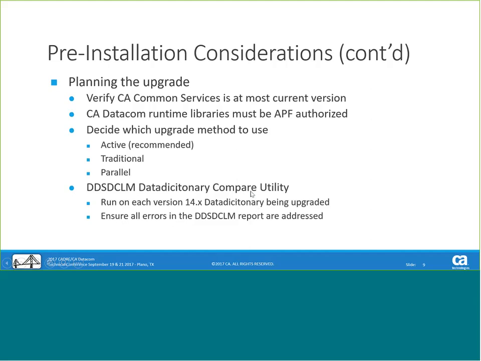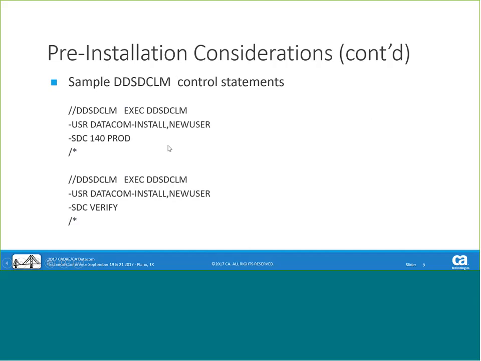You can run it at any time, but you need to run it out of your 15.1 execution load library, against the 14.0 data dictionary, to make sure there are no outstanding issues from previous upgrades, because you want your dictionary to be clean going forward. That's the whole purpose of this utility. So ensure all errors that are identified have been addressed before you begin your upgrade, if you want to be sure to be successful.